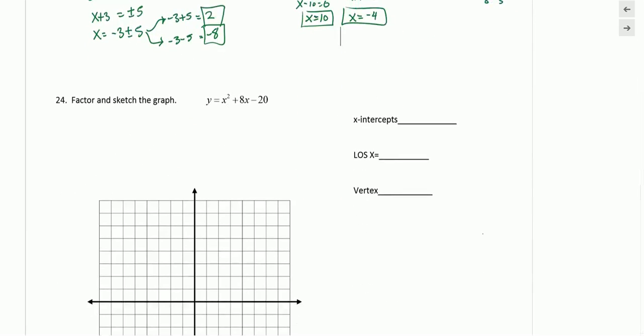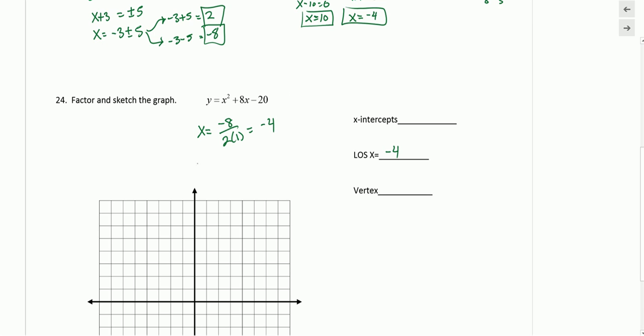24, we have an equation given to us. We're asked to find the x-intercepts, the line of symmetry, and the vertex. And it's given to us in standard form. So I'm going to go after the line of symmetry first. X is equal to -b over 2a, which is -4.